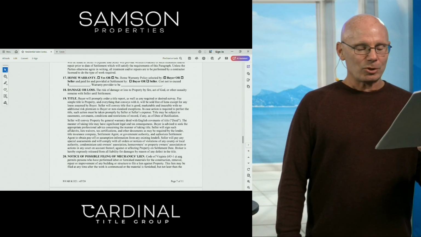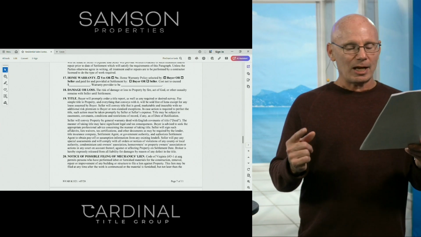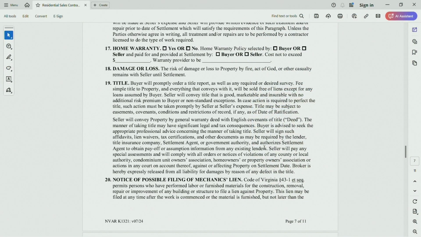And I'm going to highlight this one paragraph in here that says the seller will pay any special assessments and will comply with all orders or notices of violations of any county or local authority, condominium unit owners association, homeowners or property owners association, or actions in any court on account thereof against or affecting the property at settlement.